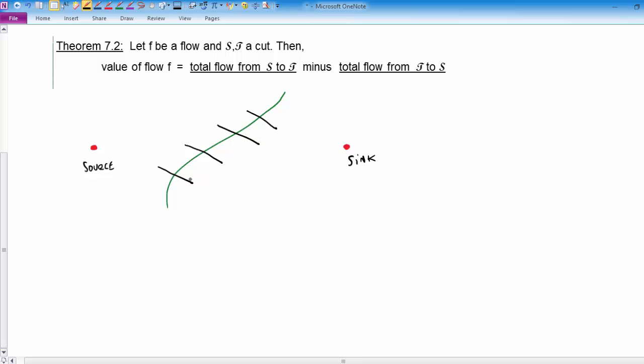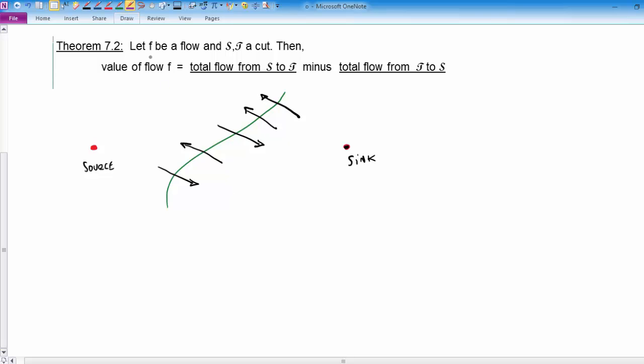Some of the edges could go this way. Some of the edges may go the reverse way. Let me add one more arc here, going this way.